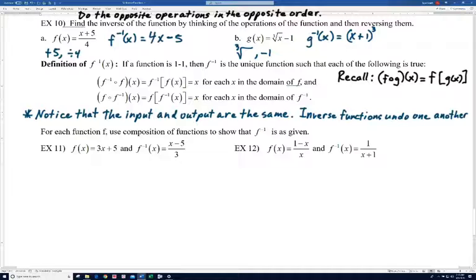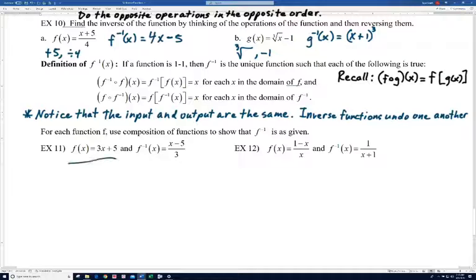Now, these last two problems I know the work's kind of tedious, but there's some good algebra in here, and you need to be comfortable working with composition of functions. So this is some really good practice for that. It says for each function f, use composition of functions to show that f inverse is as given.